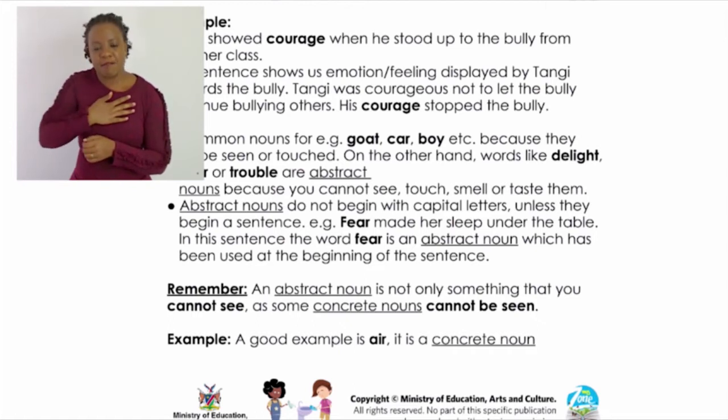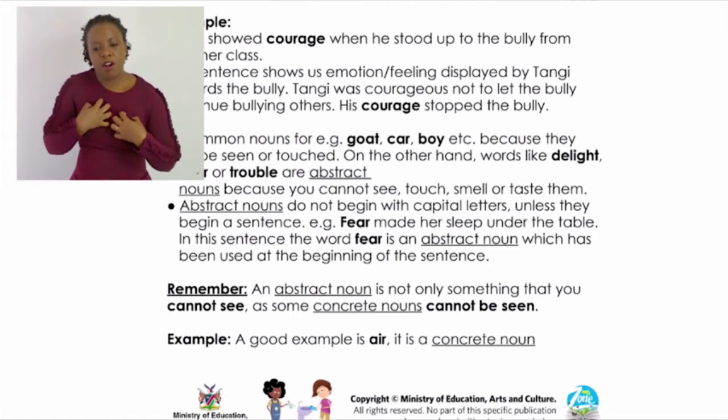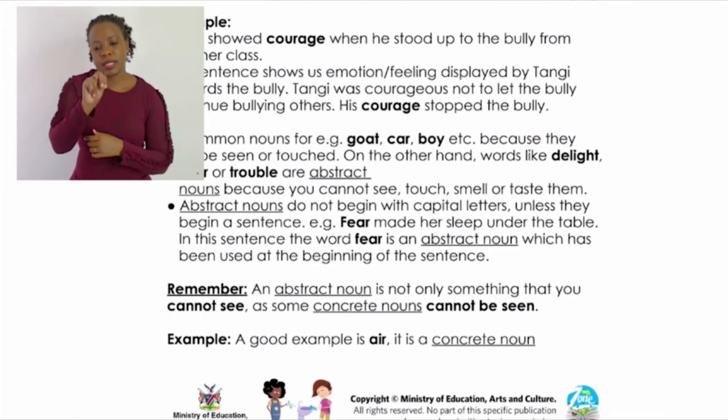This sentence shows us emotion or feeling displayed by Tangi towards the bully. Tangi was courageous not to let the bully continue bullying others. His courage stopped the bully. So that's the clear example of an abstract noun, which is courage in this case.